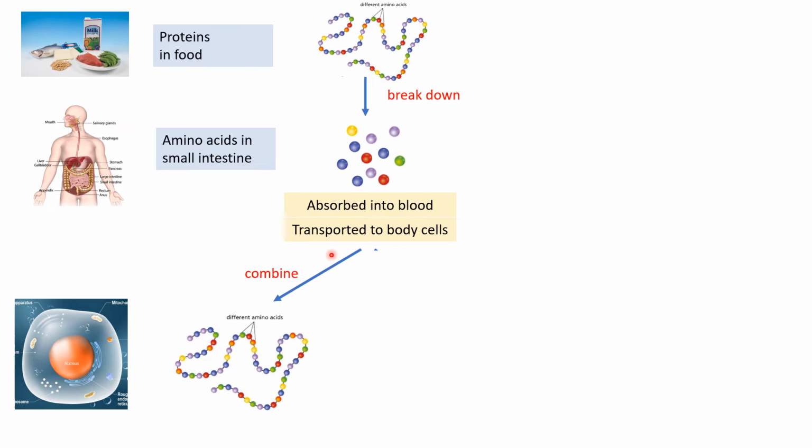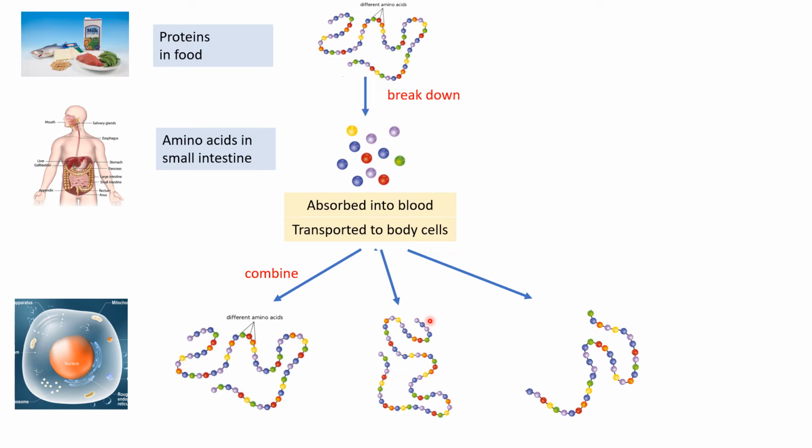So that's why most of the time our body won't join these amino acids back to the original form. But the body cell would join these amino acids into different sequences according to its need.